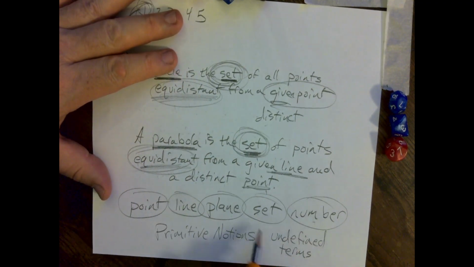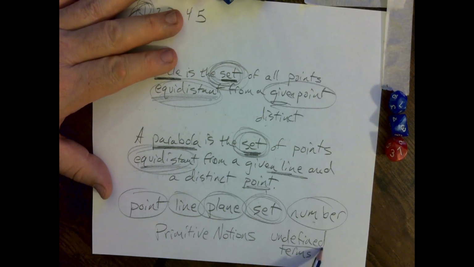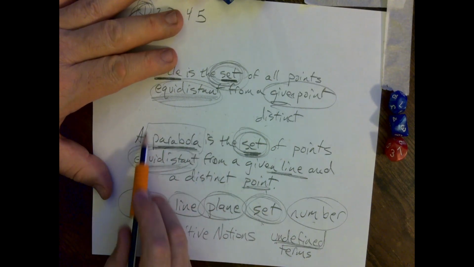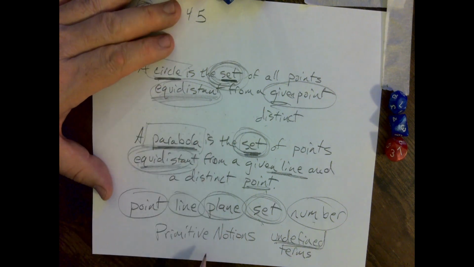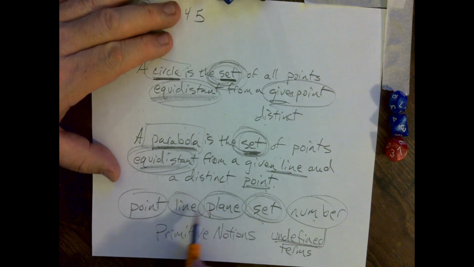They're undefined. Basically, it makes them like the building blocks of all other definitions. These are undefined terms so that we can have defined things like parabolas and circles and triangles and things like that. So it's kind of crucial to get this word in here.